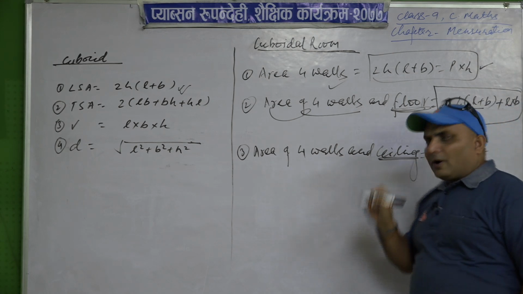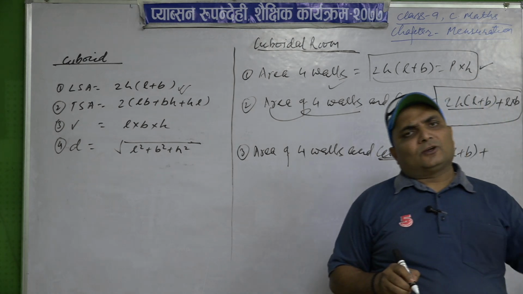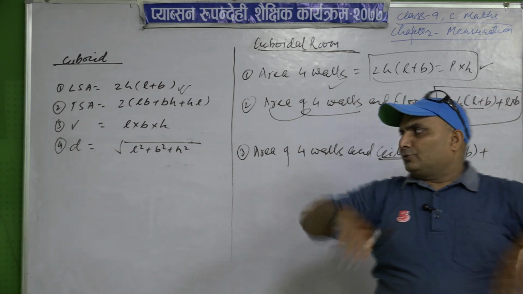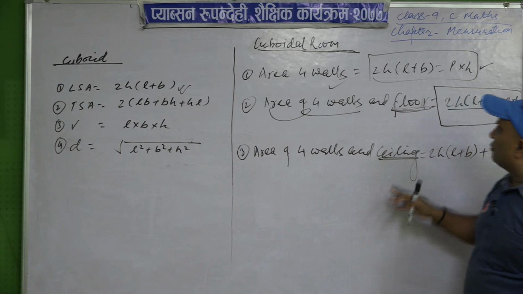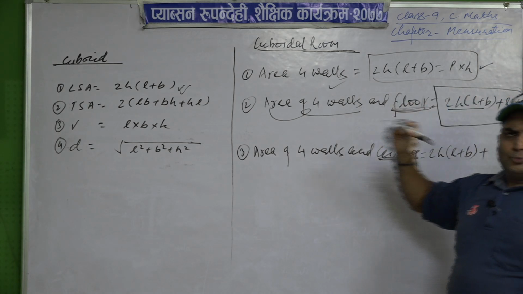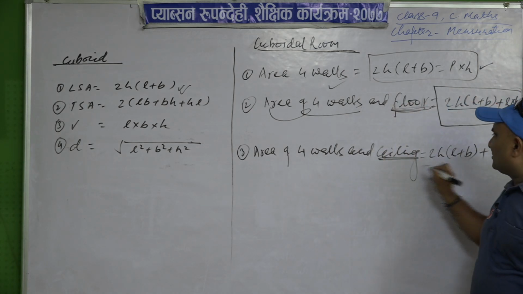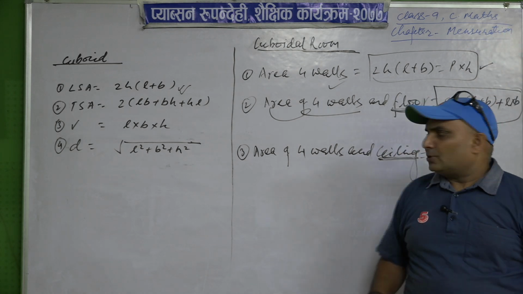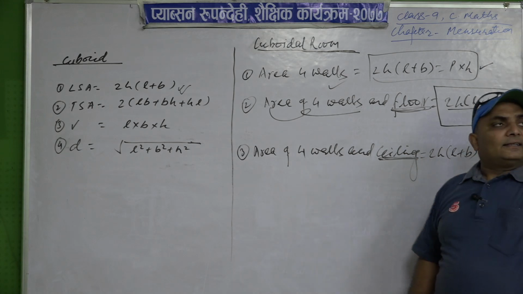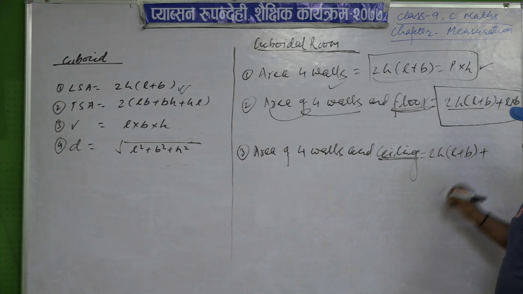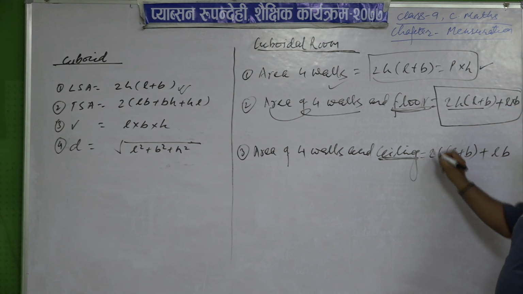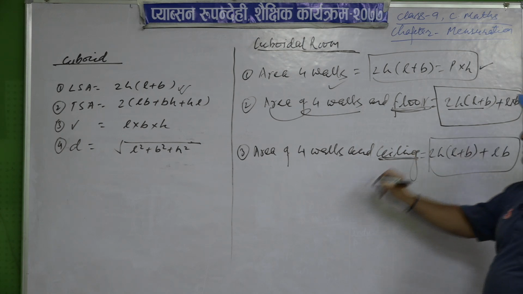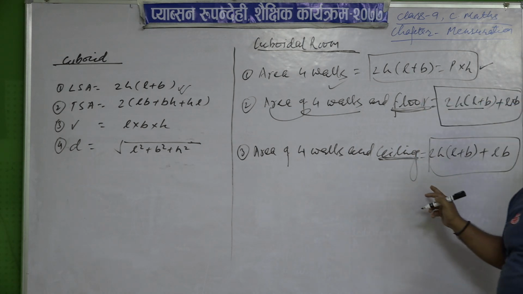The shape of the ceiling of the room you are sitting in, which is cuboidal, is also rectangular like your floor. So the area of the ceiling is the area of a rectangle, and the area of a rectangle is again L into B. So this is the formula for the area of four walls and ceiling.